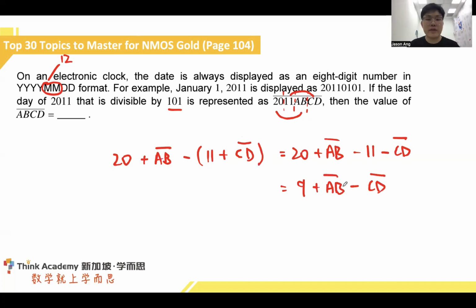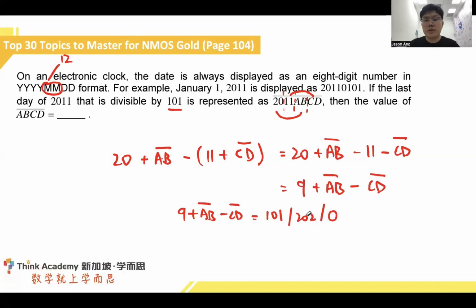So this number over here has to be a number that is divisible by 101 as well. If it is divisible by 101, this means that it has to be either 101, maybe 202, maybe even the number 0.